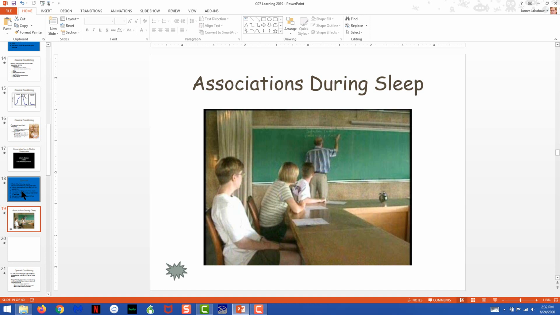In this particular case, as a reminder of what we're going to see, an individual is learning about logic rules while a clock is making a loud ticking noise in the room. Then when the person goes to sleep and is in REM sleep, when memory is supposed to be consolidated, the sound of the clicking noise will be played through headphones to the individual, but only during REM sleep.